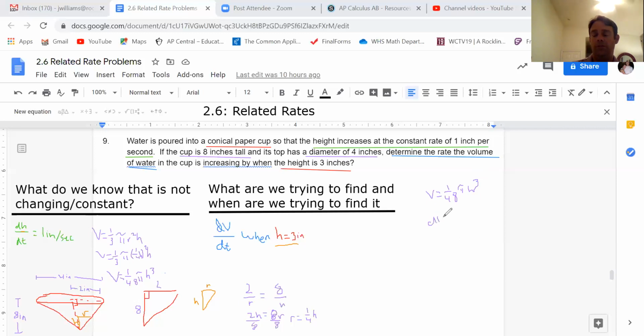All righty, it's derivative time, friends. dV/dt equals 1/48 pi times 3h squared dh/dt, and we could plug it in at this point in time. So let's do that. dV/dt, and we're going to plug it in when our height is 3.